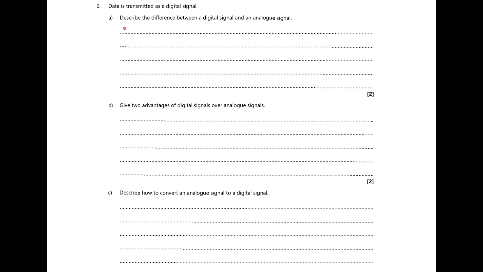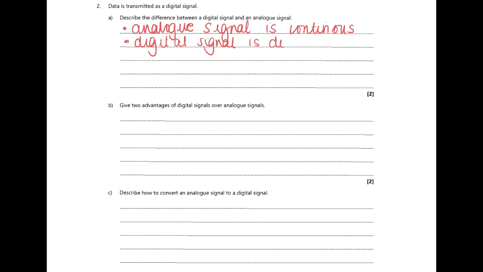So we're going to say an analog signal is continuous and a digital signal is discrete. Okay, and that means it comes in separate little bursts rather than being a constant flow.